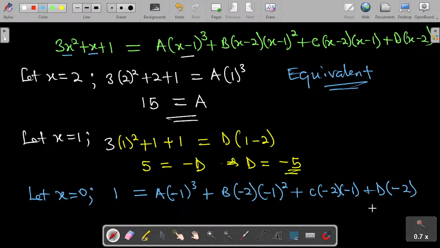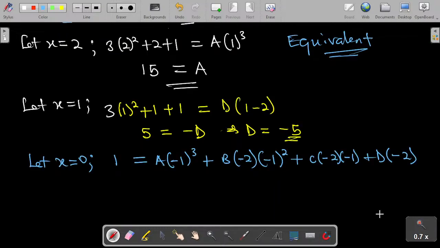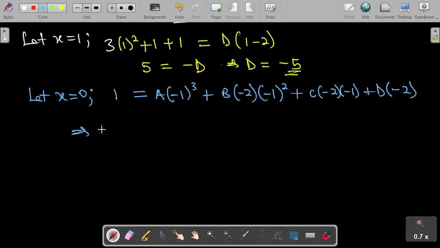So from here, you are now going to have that 1 is equal to, minus 1 raised to power 3, which is minus 1, and that will give us minus A. Now here, minus 1 squared is 1, and 1 times minus 2 is minus 2, so you have minus 2B.